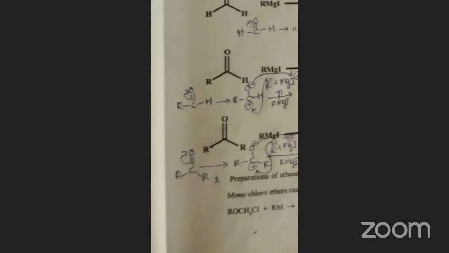Then oxygen gets the negative charge, then carbon gets the positive charge. Then it is reacted with the alkyl magnesium halide. It is converted to R minus and MgX plus. The R minus carbanion is added to the carbocation and O minus is bonded with magnesium iodide.